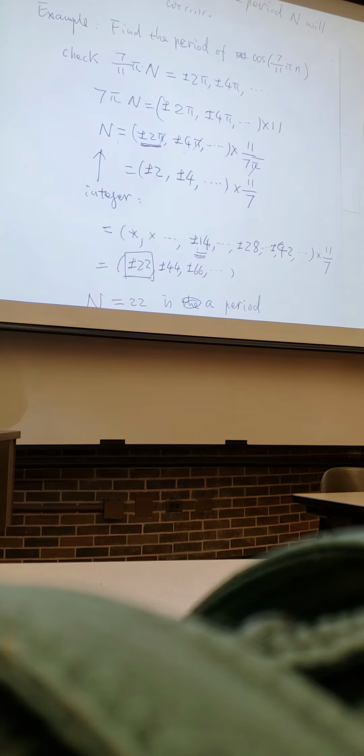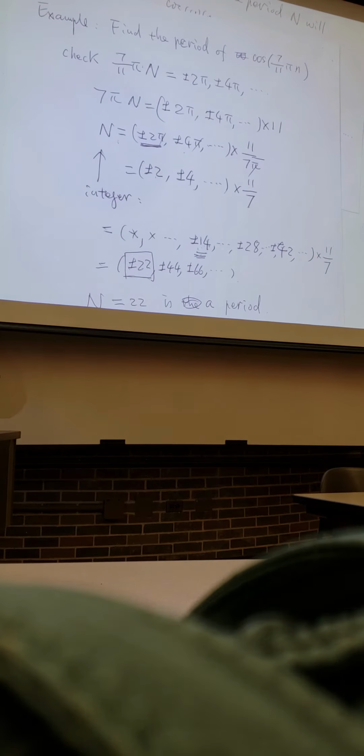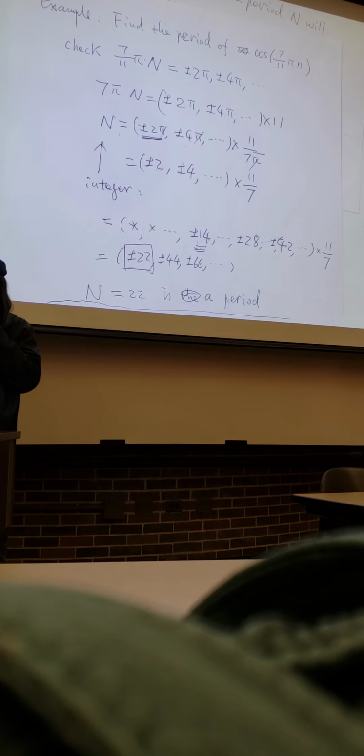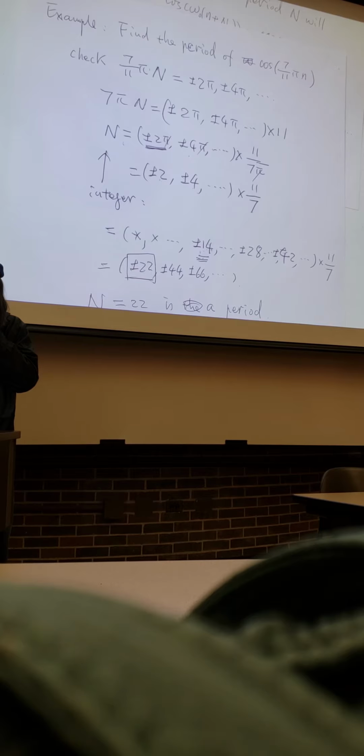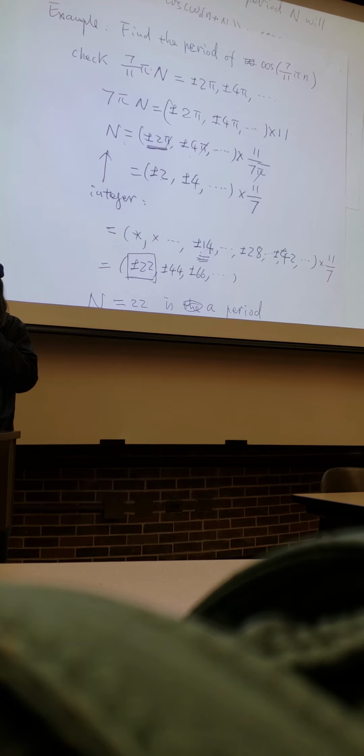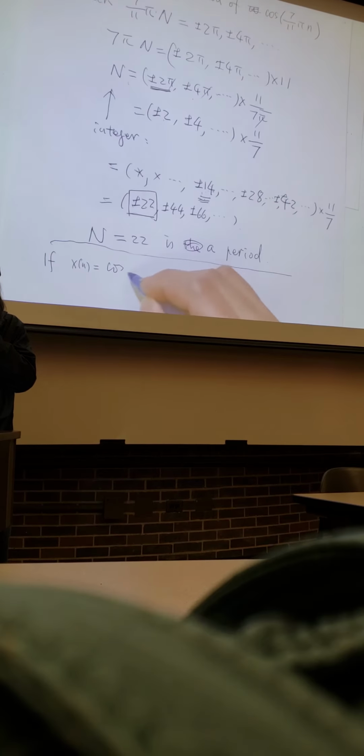Alright, this is the one thing different. The second thing different is related with the 2 pi. If x of n equals cosine of omega naught n, then we will have x of n equal to cosine of omega naught plus 2 pi times n. Am I good?